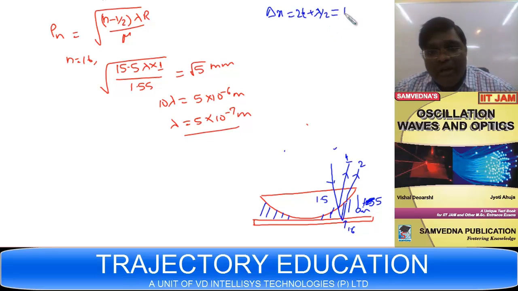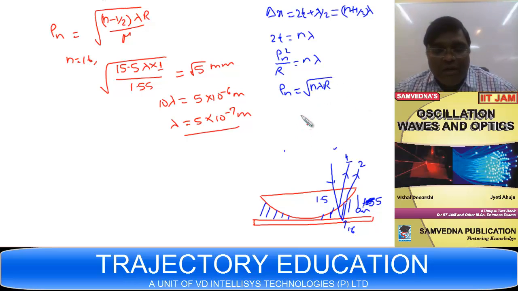And for minima, this should be n plus half lambda. So that gives you n lambda, that is rho n square by r equals n lambda, or the radius of the dark ring is the square root of n lambda r.